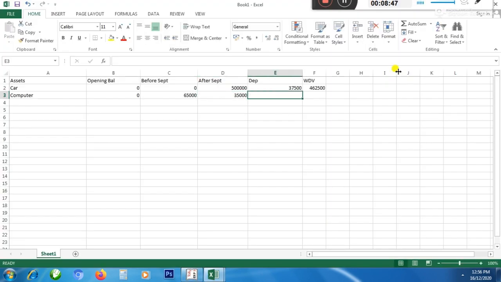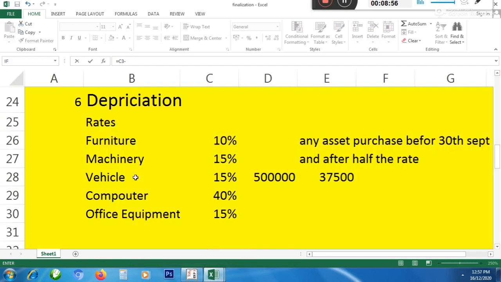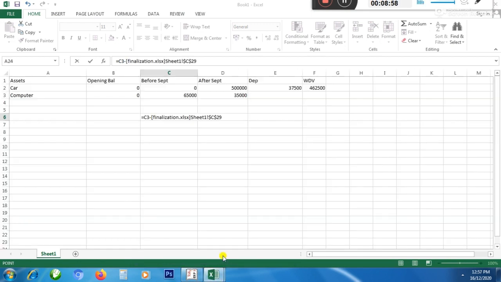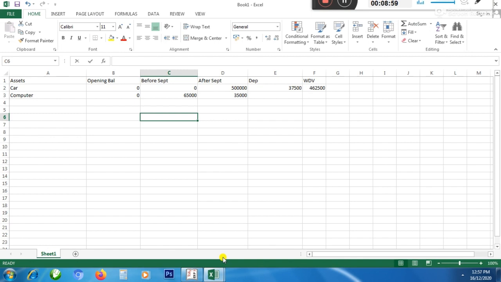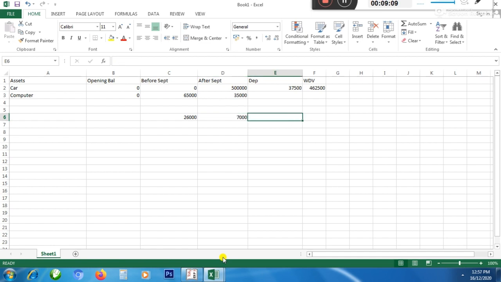So depreciation I will calculate here. On computer, depreciation is 40%. So on before value I will calculate 40%, and on after value I will calculate 20%, half the rate. So total depreciation becomes 26 plus 7, that is 33,000.